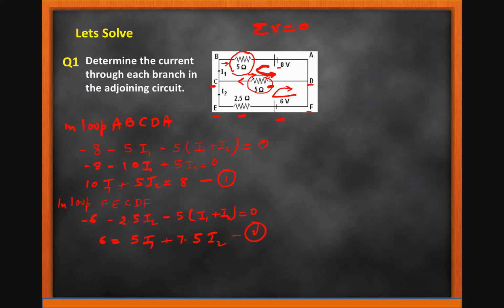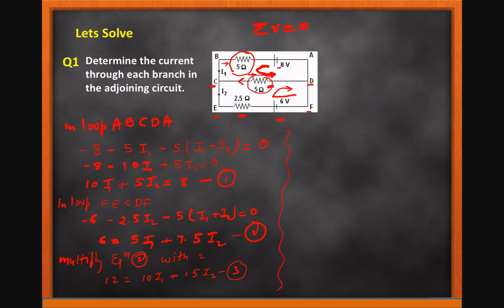To solve equation 1 and equation 2, we use a simple step: multiply equation 2 with 2. So we will get 12 is equal to 10 I1 plus 15 I2, equation 3.